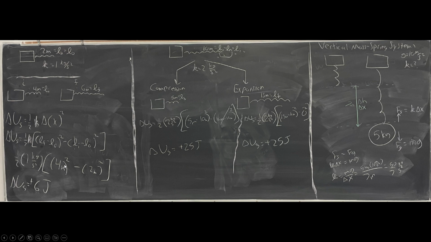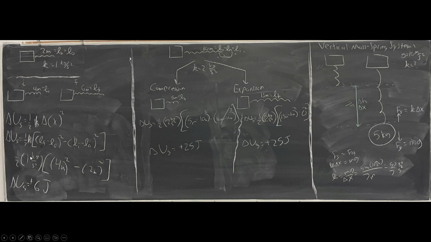So that becomes 4 meters, and then we'll square that, minus (2 m) squared. That 2 comes from taking the initial length, 4, minus the natural length, 2. 4 minus 2, or 2.